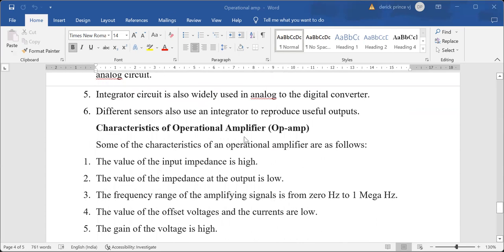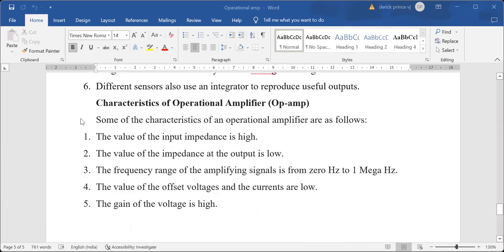Next is the characteristics of op-amp. This is also very important. The input impedance is high and the output impedance is low. The frequency range of the amplified signal is from 0 to 1 megahertz.